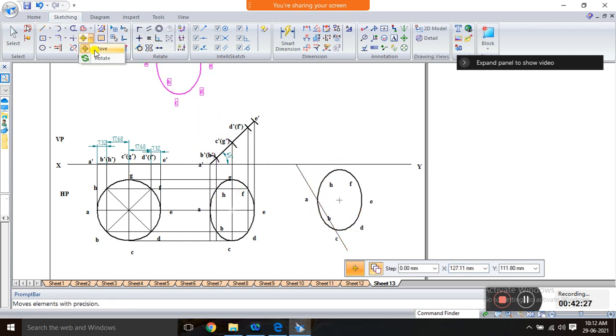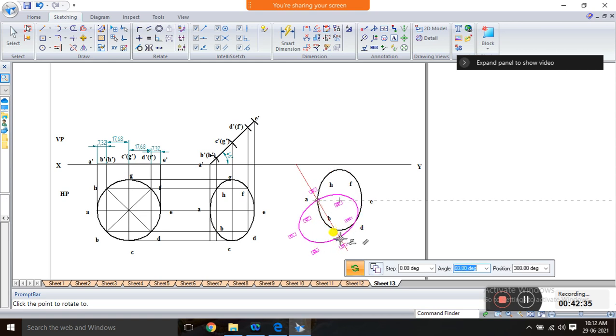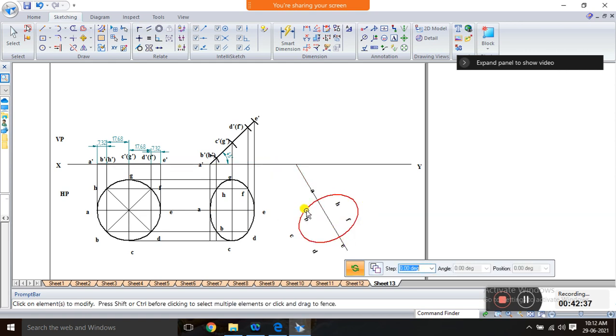Then rotate, the same thing, first point and this point. So this is how, with the help of software, you reconstruct it.